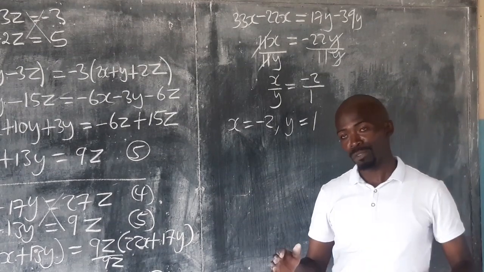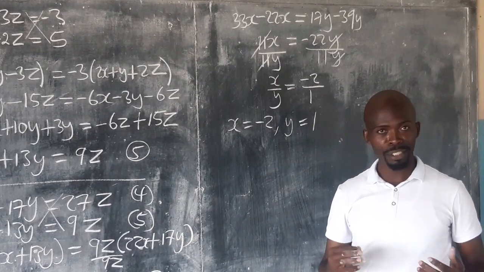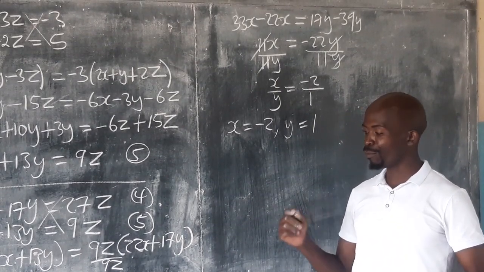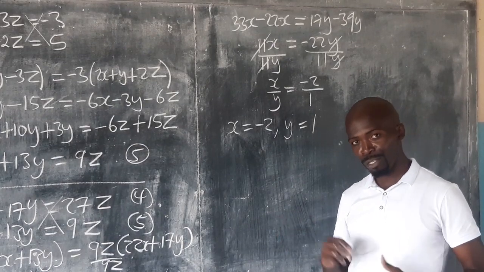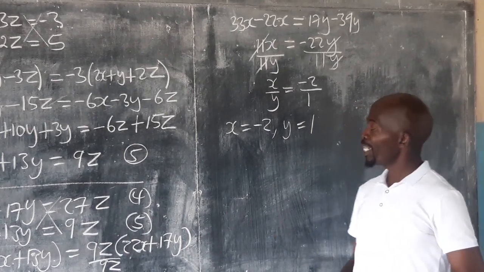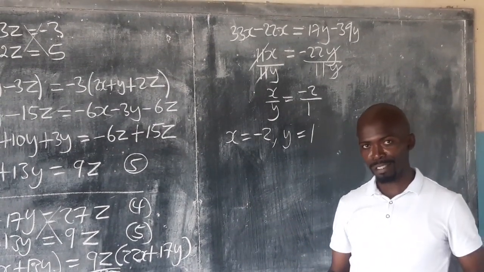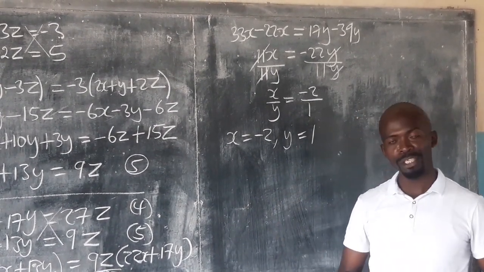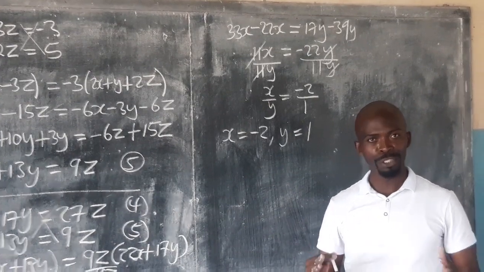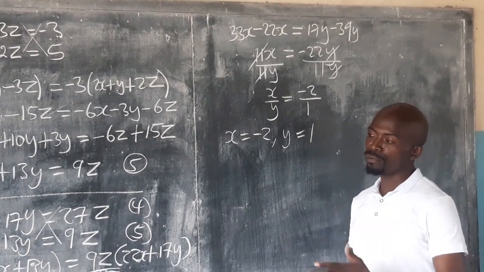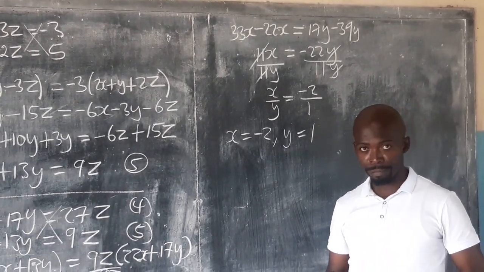And to find the z, we don't use the first, second, or third equation. We have to use the fourth or the fifth equation. So to find z, I must emphasize that we don't need to use the first three equations they are given, but we need to use either the fourth or the fifth equation.